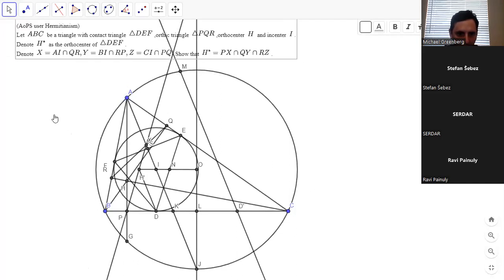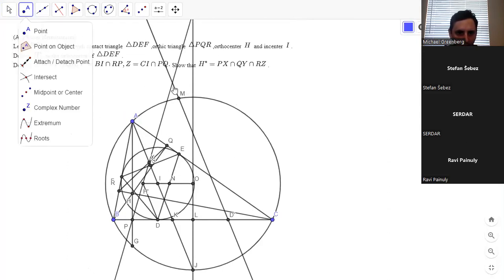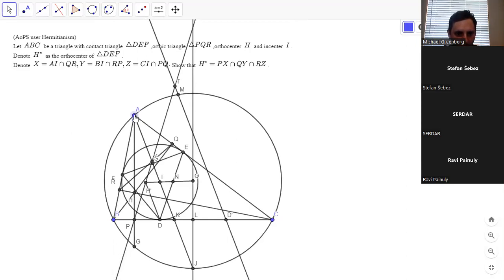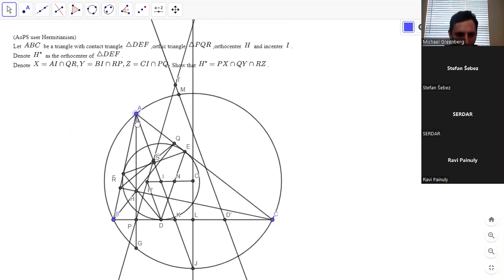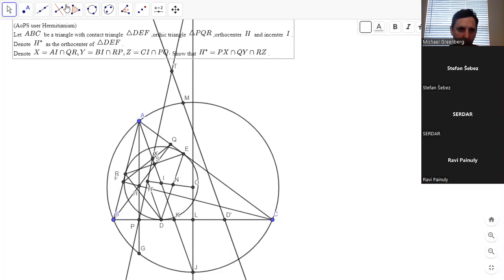Let me shrink. Okay. So we have PDK, D prime is harmonic. And then if we projected those, we'd get P, and we want to show PH prime X. Is there anything special about point T?